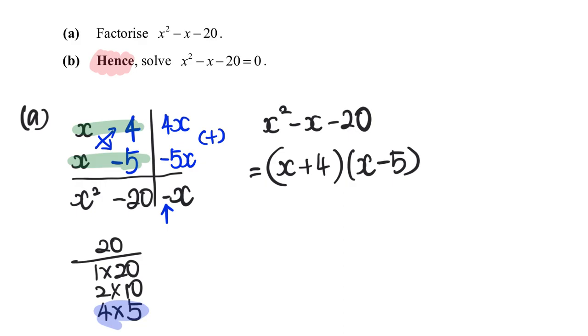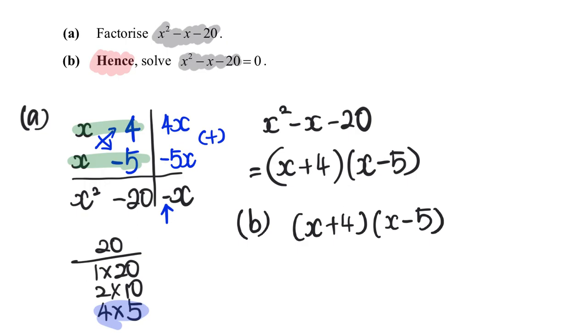Okay. Now that we have part A, let's move on to part B. Hence, we are going to solve this particular quadratic equation. And notice that this and this are exactly the same. That means when I make use of the result from part A in its factorized form, one of the brackets must be equal to, you are right, 0.